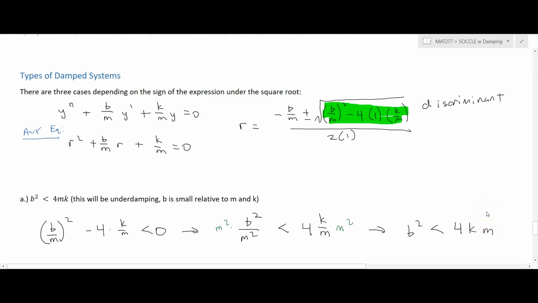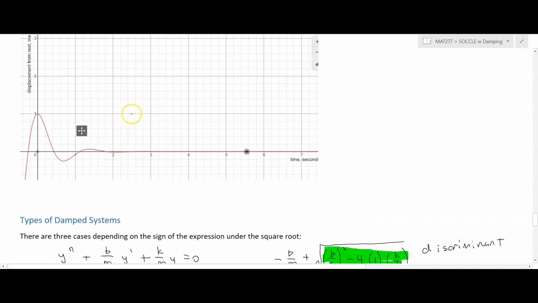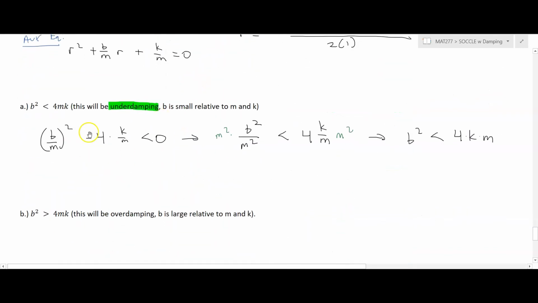So if b squared is less than 4 times m times k, we have what's called underdamping. B is small relative to m and k. Now we saw an example of underdamping here. This is called underdamping. And this happens precisely whenever you end up with complex roots.